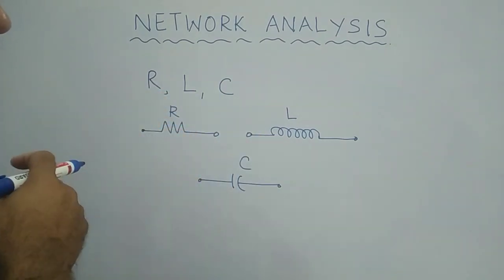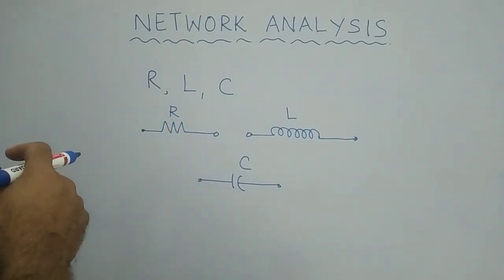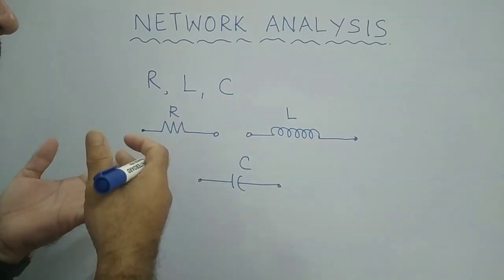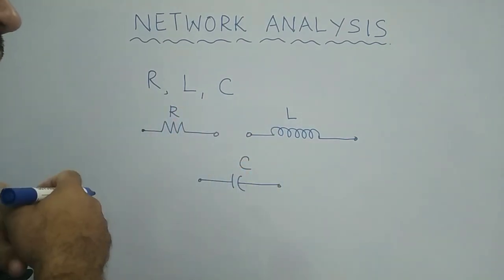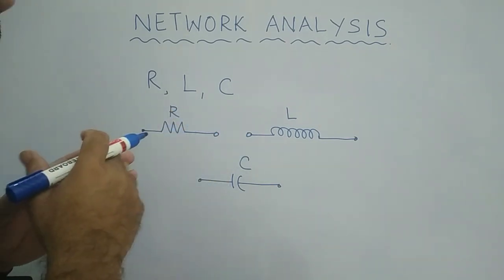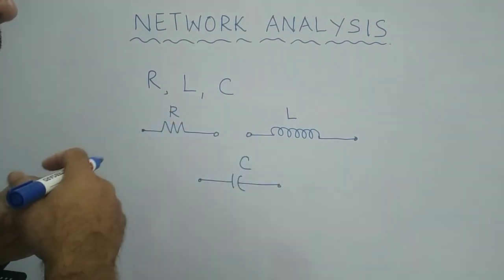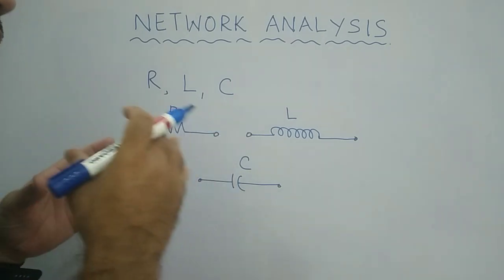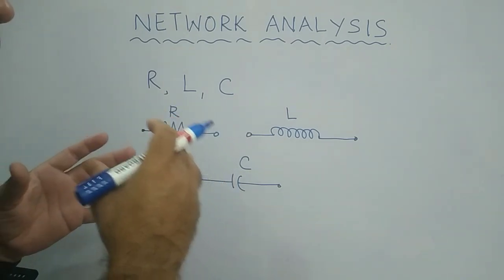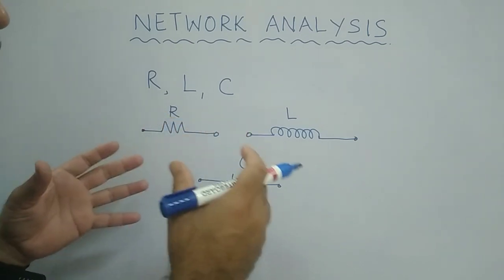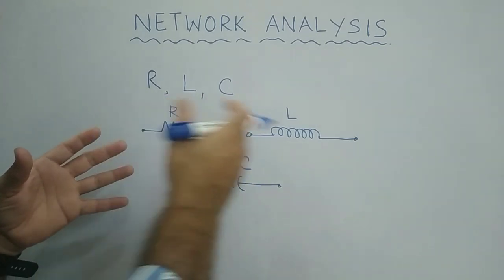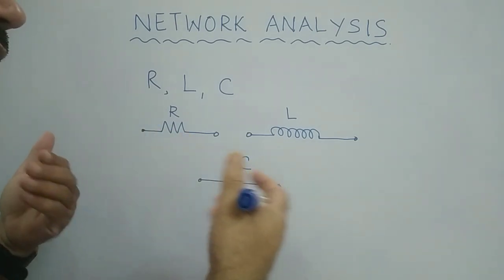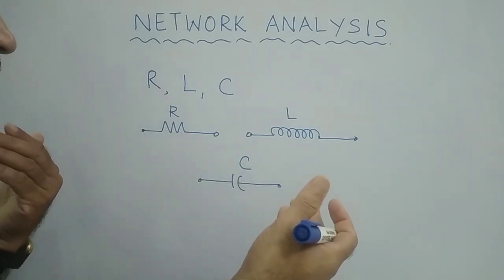If you consider these three elements, whether resistance, inductance or capacitance, they can be connected either in series or in parallel, right? As per the requirement of the circuit or the application, we can connect them in series or in parallel, no problem at all.